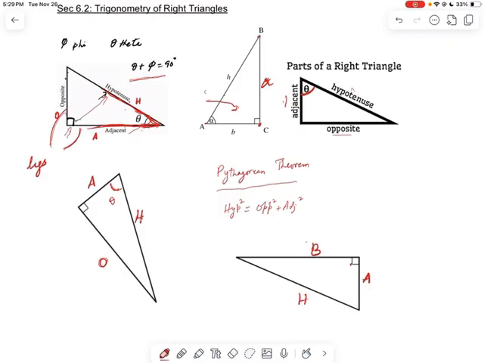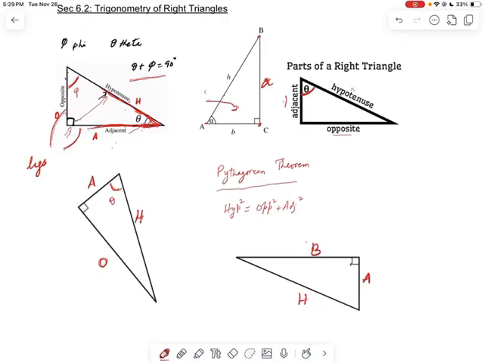Now the sides of the right triangle have special names. In general, these two sides are called legs, and this side, which is opposite to the 90 degree angle, is called the hypotenuse.